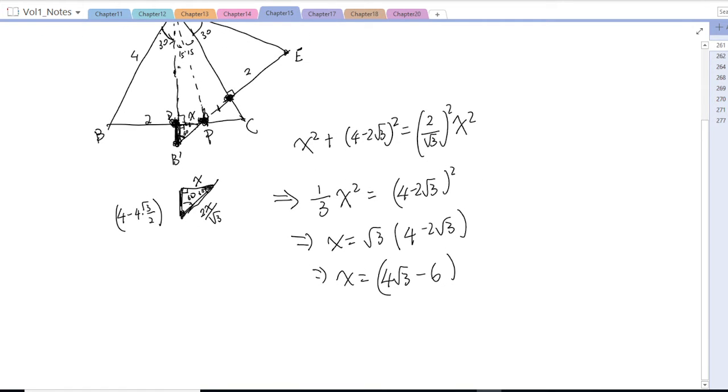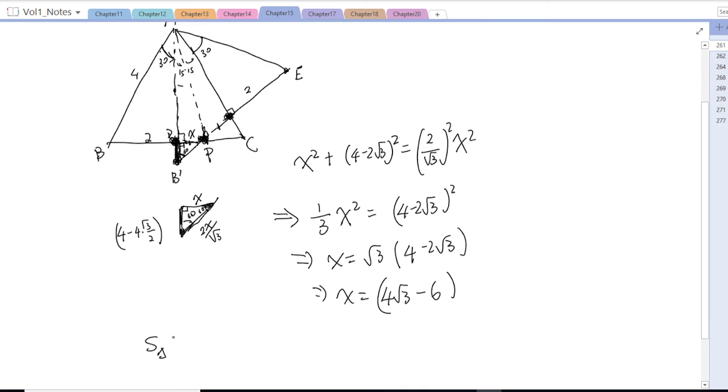So the shaded area is basically two triangles. The triangle ADP is half of 4 times root 3 over 2, which is 2 root 3, then times 4 root 3 minus 6.